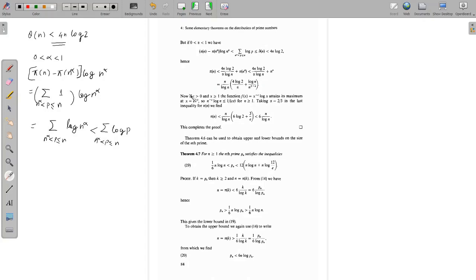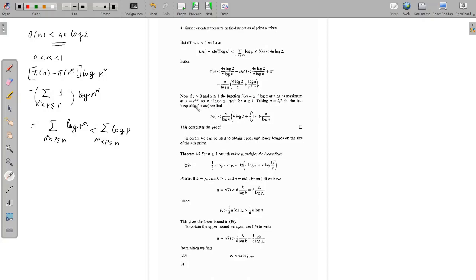Now consider a c greater than 0 and x greater than or equal to 1. The function f of x equal to x raised to minus c log x attains its maximum at x equal to e raised to 1 by c. You have already done this question in your assignments. So the point of maximum is x equal to e raised to 1 by c for this function. Therefore, the maximum value is 1 by ce.